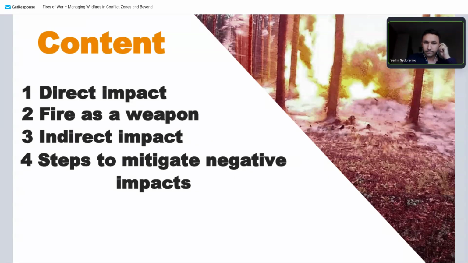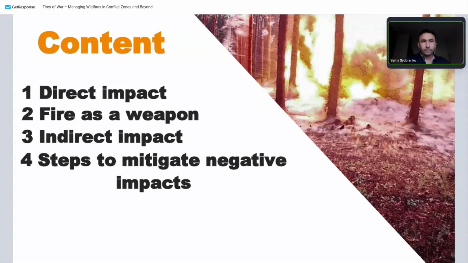So I will start with the direct impact of war on the fire regime in Ukraine. By direct impact we understand shelling, bombing, and using fire as a weapon. Indirect impacts we classify in different aspects, like the social aspect, fuel and landscape-level fuel change, and also impacts that lead to the collapse of the fire prevention and fire suppression system in the whole country.